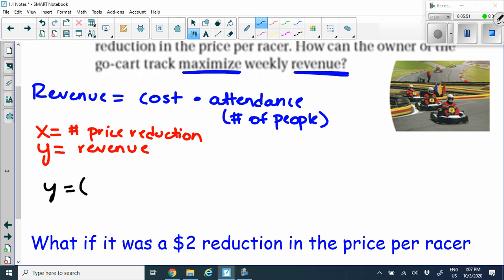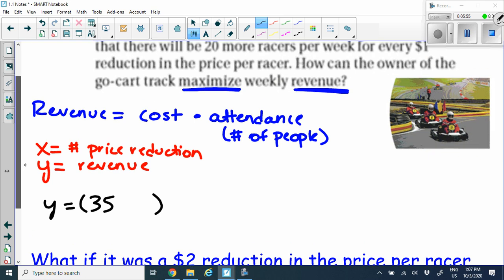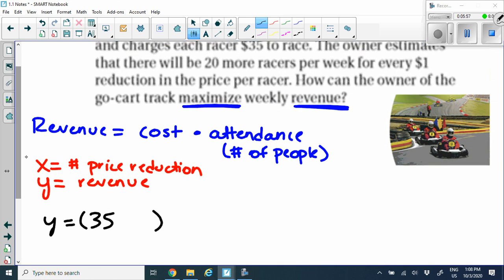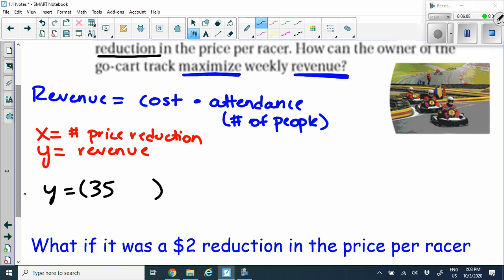Well, we know initially the cost is $35. But what happens? Well, he's saying if we reduce the price for every dollar, okay? So if we're reducing, does that mean we're subtracting or adding? That is subtracting. And that is our price reduction, so I'm going to have a minus X.